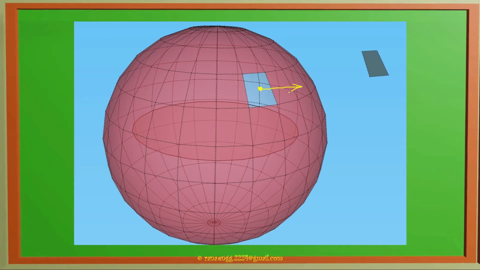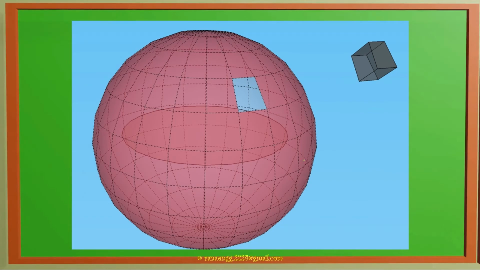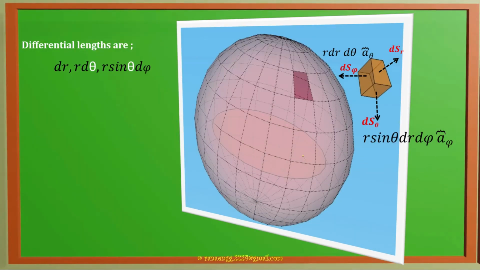For radius r, there will be one component going in the radius direction, and similarly we will have d phi and d theta. For radius the differential length is dr, which comes from the origin and goes outwards.